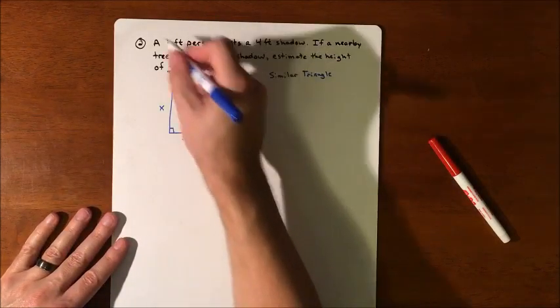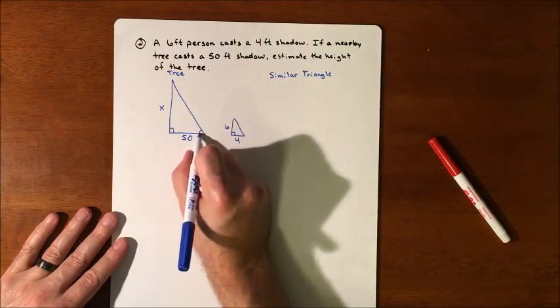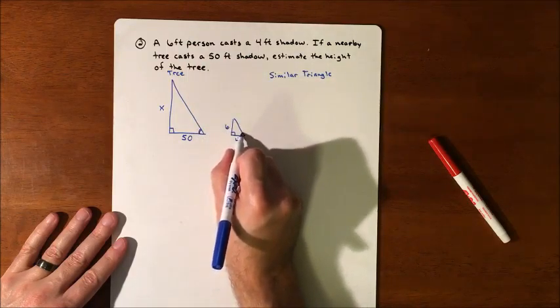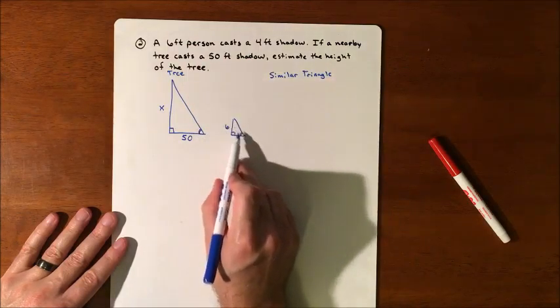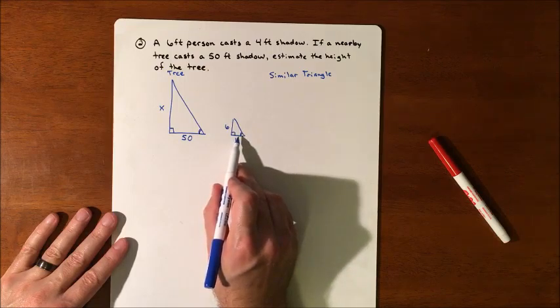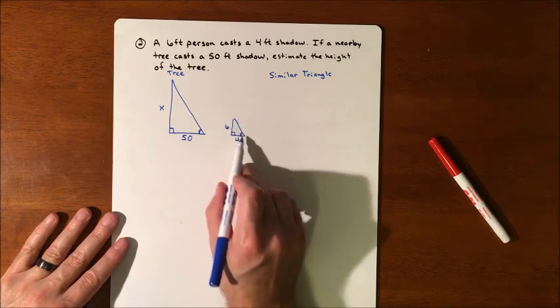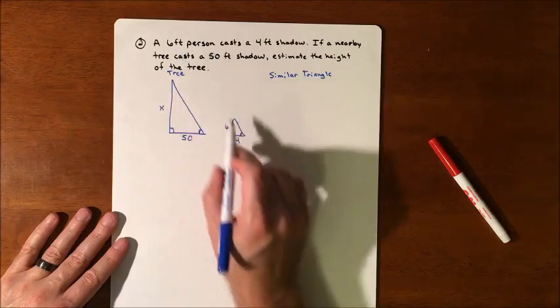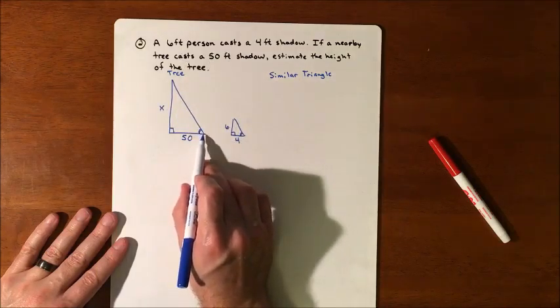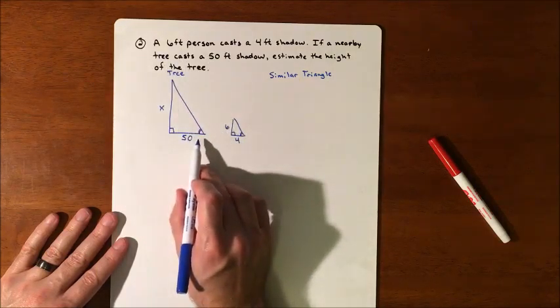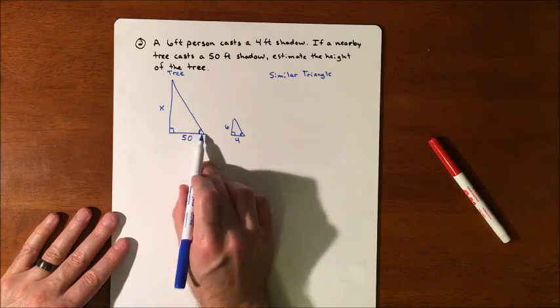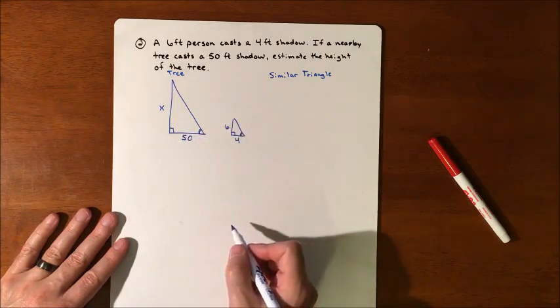So the angle of the sun is going to match the angle of the sun with the person as well. So that angle from the end of the shadow straight to the sun is going to be the same angle from here going through the tree as well. And so you have an angle which makes our two triangles similar.